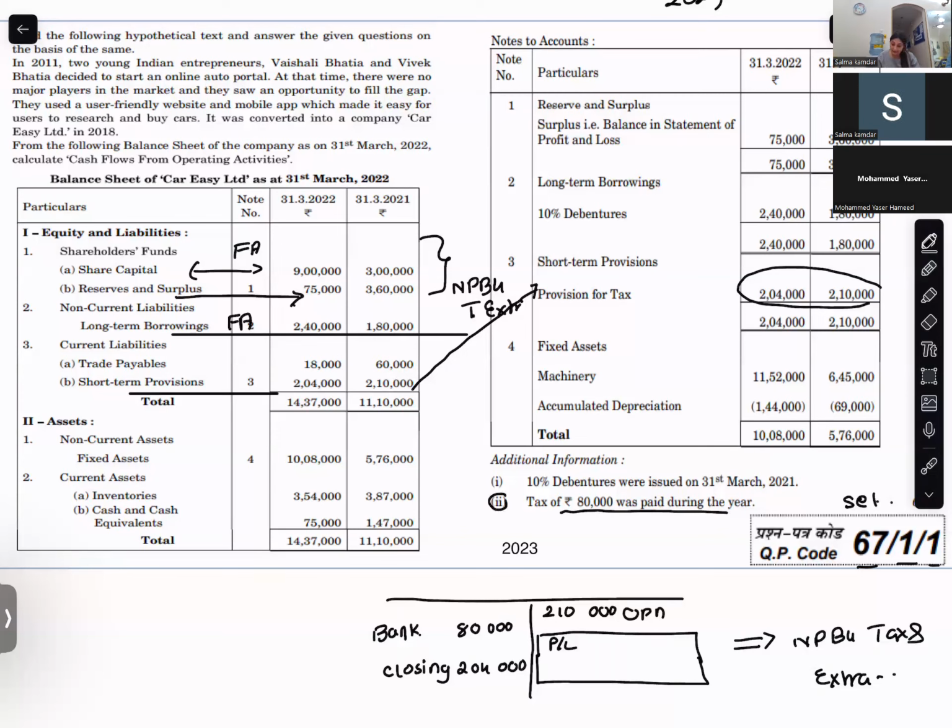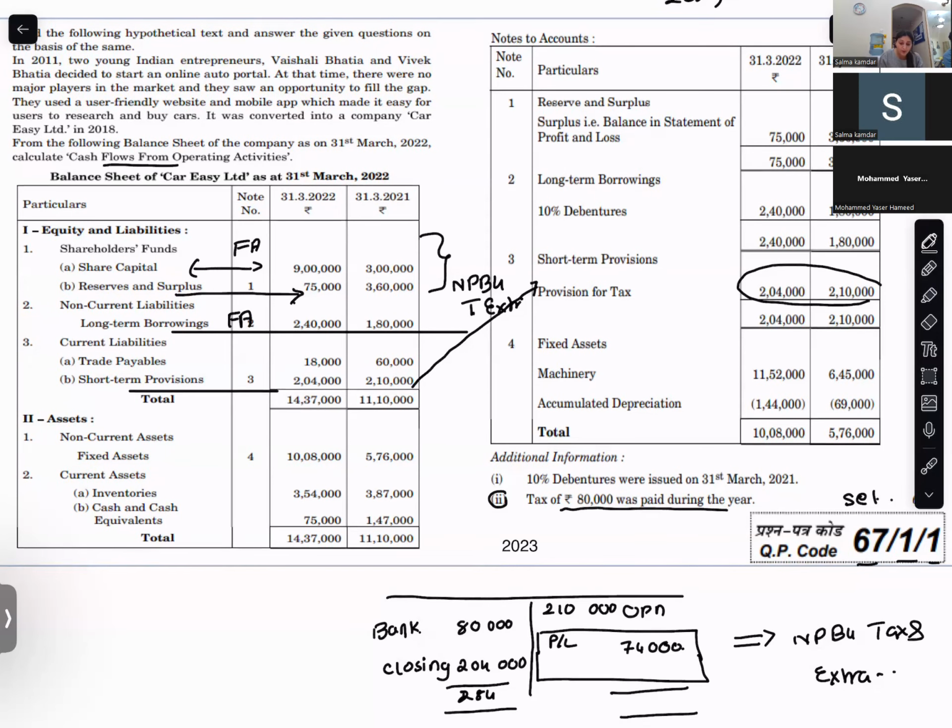So what is the amount that is going to come in net profit before tax and extraordinary items? Okay, so this is 284,000 minus 210,000. So 74,000 will come in profit before tax and extraordinary items. Please note, they want me to calculate only cash flow from operating activities.